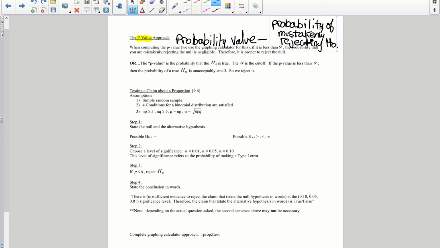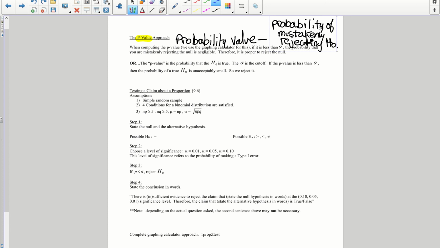So I'm not going to write that down, because I don't want to write down something that's just wrong in my notes. But as a working definition, more like a mnemonic device, it's really just saying that the probability of the null hypothesis being true is the p-value.